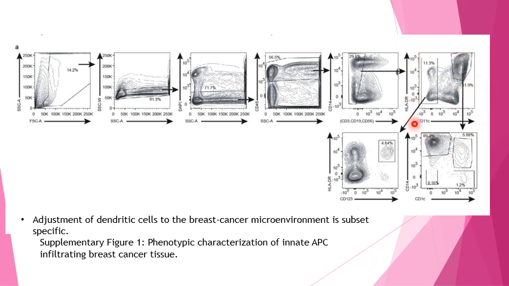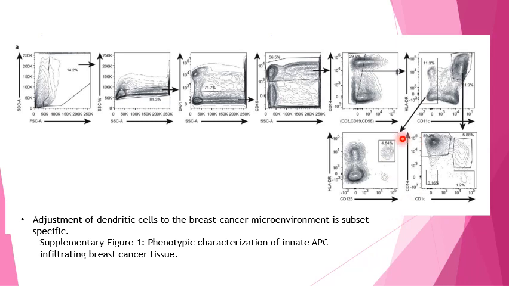It looks like they took the double negatives and then the positive HLA-DR, and then they used the HLA-DR against CD123, which is another dendritic cell subset. And then they grabbed the double positives, so that's what they were gating out here. And then from here, they took the double positives, and then they did CD14, which is another monocyte marker.